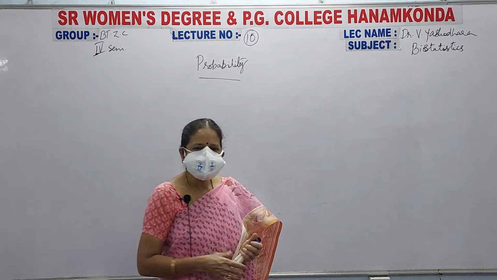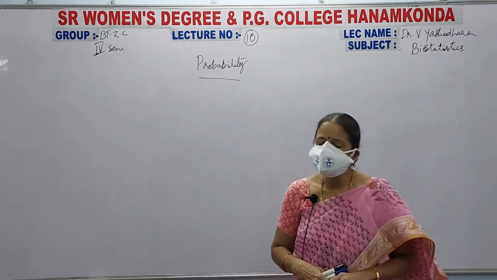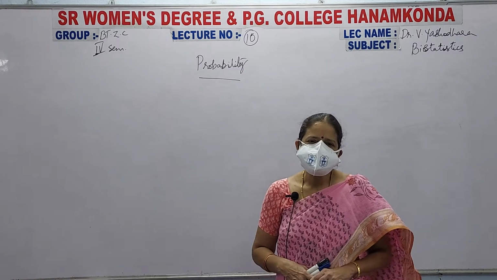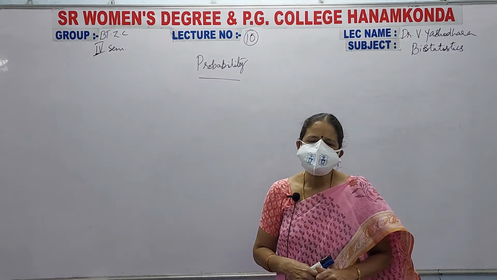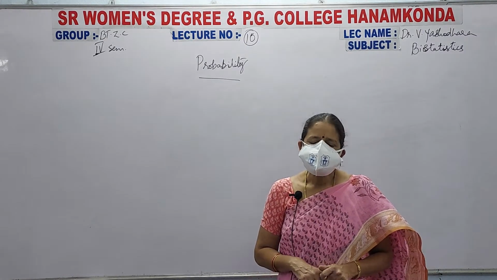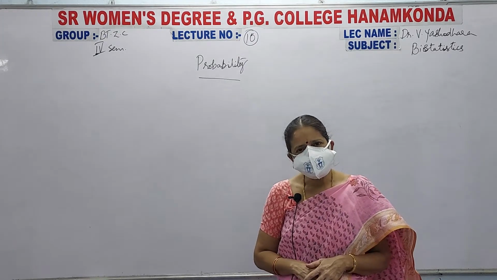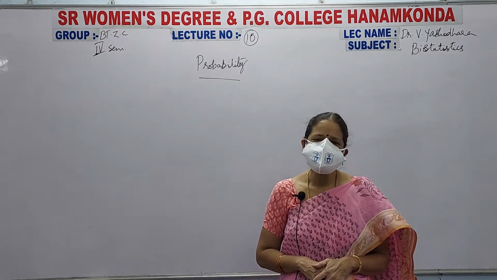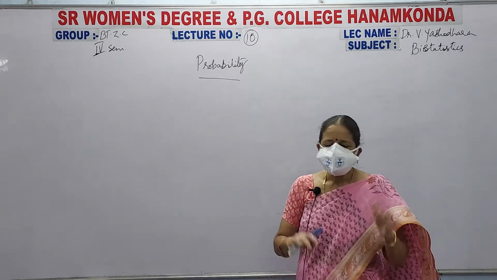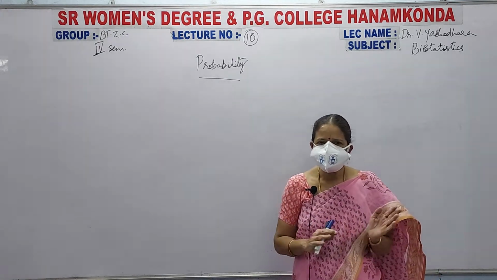Discrete distribution is of two types: binomial distribution and Poisson distribution. Continuous distribution is only one type, that is normal distribution. All these we have completed in our previous two classes.